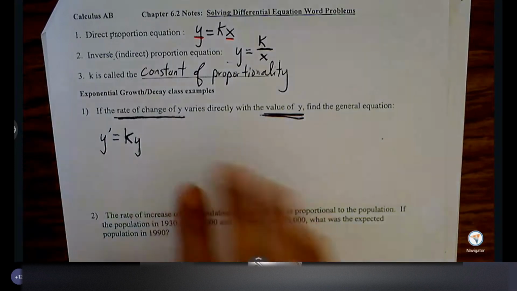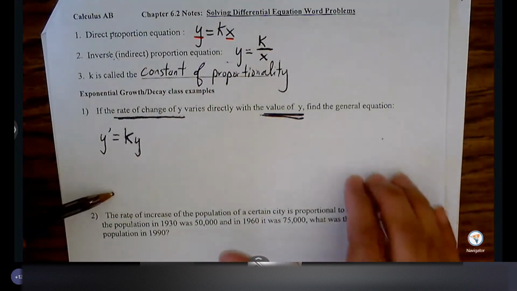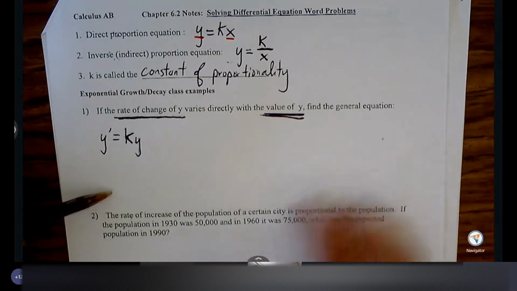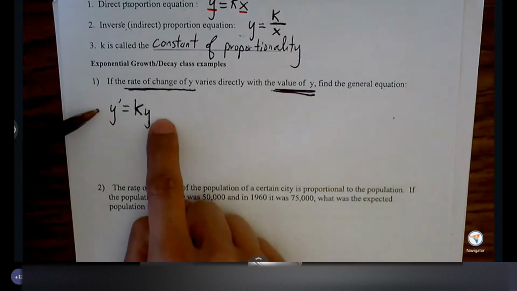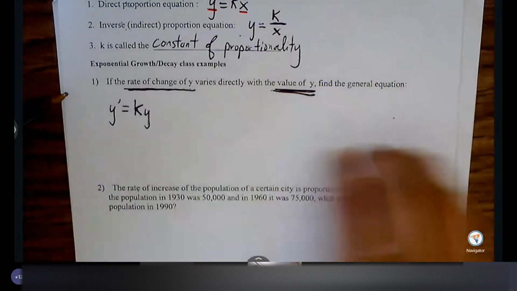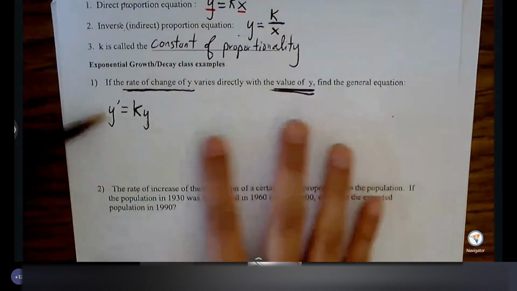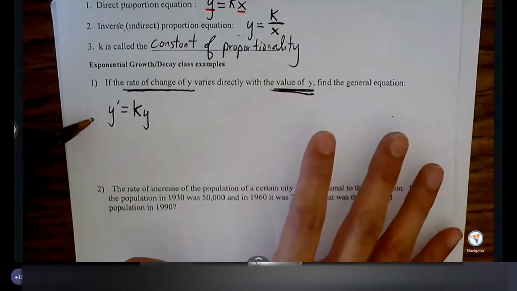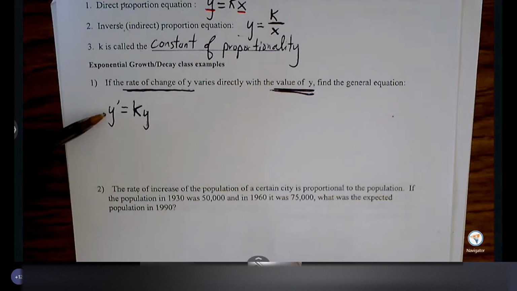But what we're going to see is that we solve this one time through. Once we get to the general equation, we're going to use it over and over again, because all these other problems are going to follow the same format. And if we follow the same format, we're just going to skip the calculus and jump to the general equation and go from there. So let's focus on solving this just one time through. Is there a way to rewrite this? So y prime, we're going to rewrite it.